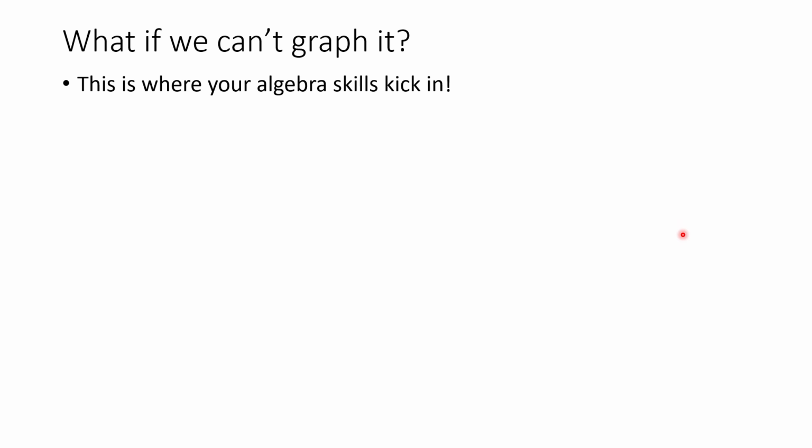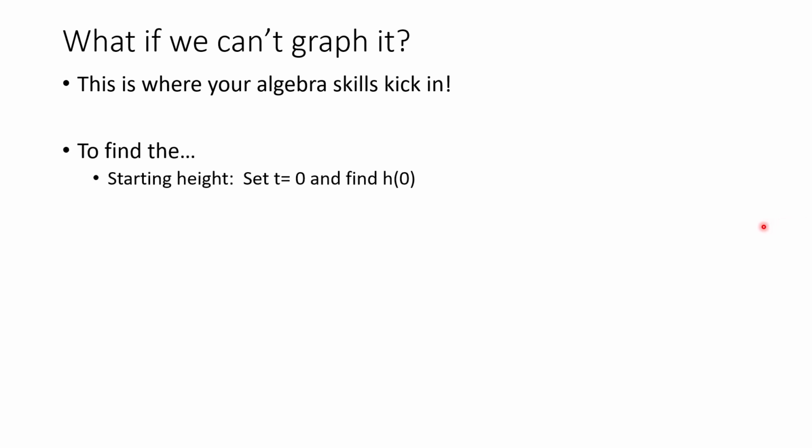Okay, so what if you can't graph it? All right, what if graphing it is not one of the options? This is where your algebra skills kick in. If you need to find the starting height, you're going to set t equal to 0 and then find h of 0. That's actually going to be fairly simple to do because starting means at the beginning, so time is equal to 0.